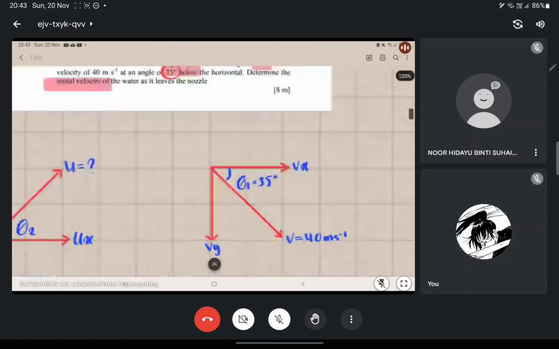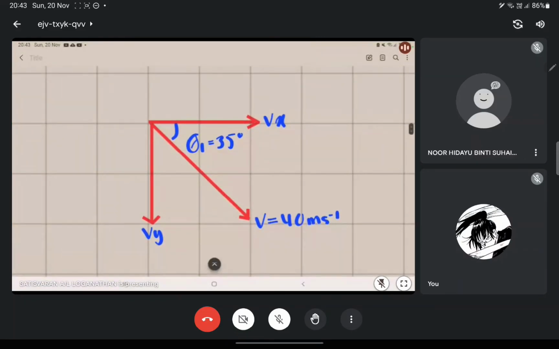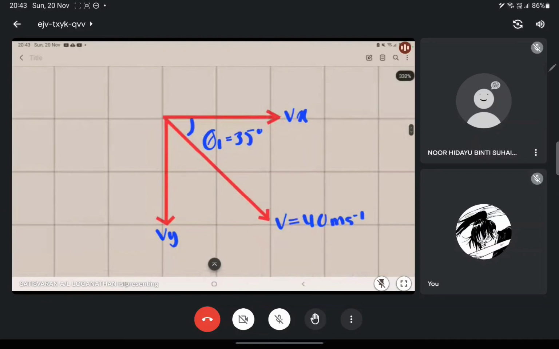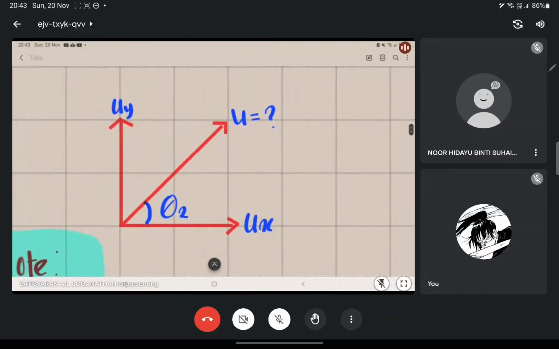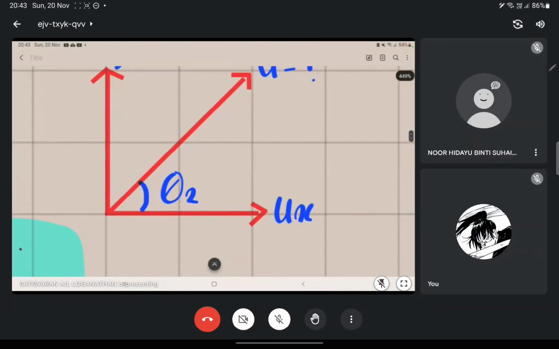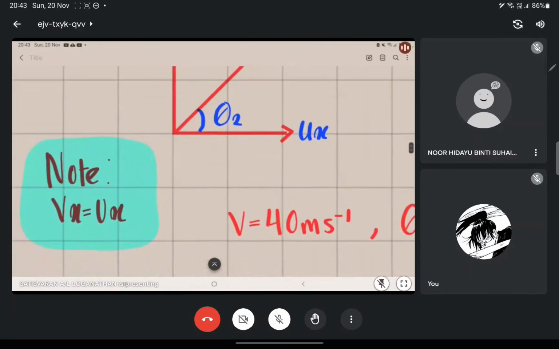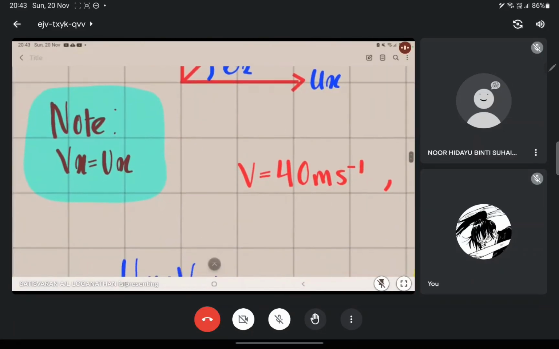So for this question, we have to derive into two components, X and Y. So we can derive it into Vx and Vy, and the theta is 35 degree. Same also for u, we can derive it into Ux and Uy, and the theta I put as theta 2. So for projectile motion, Vx is always equal to Ux.